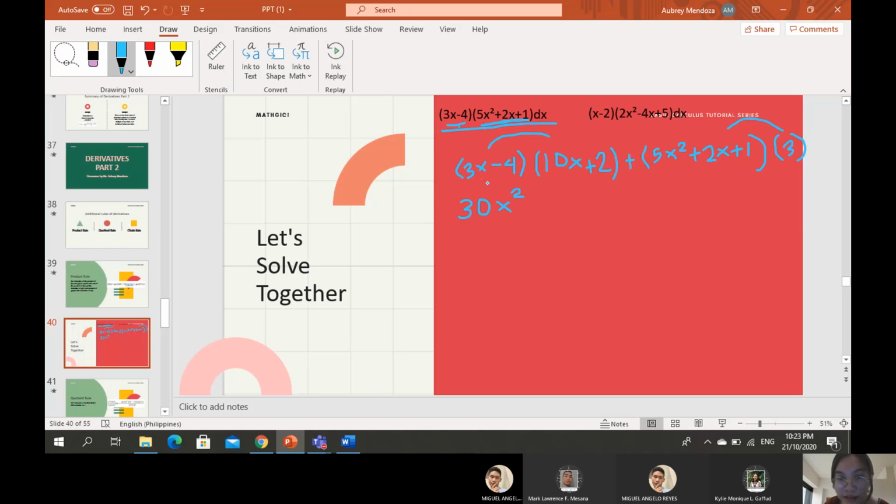And then 3x times 2 is equals to 6x. Next is negative 4 times 10x is equals to negative 40x. And then negative 4 times 2 is equals to negative 8.